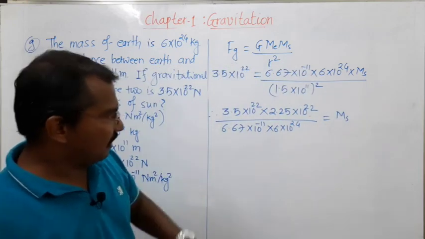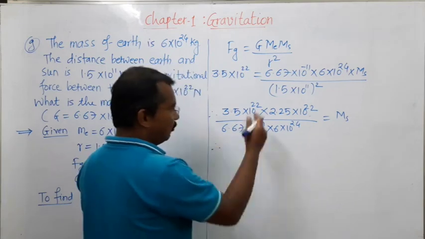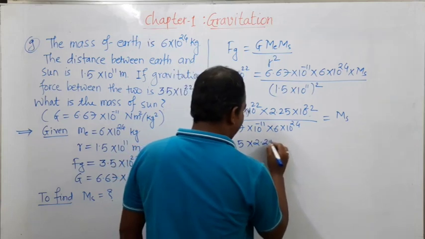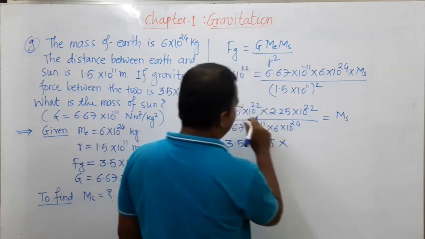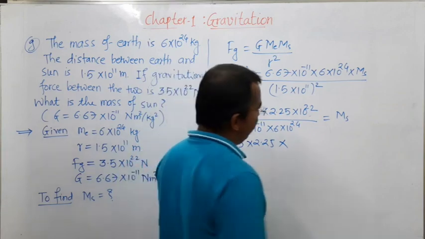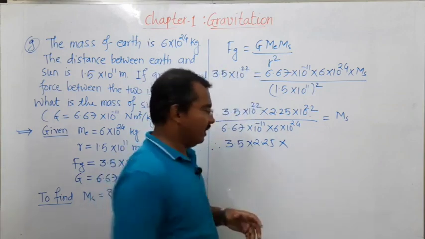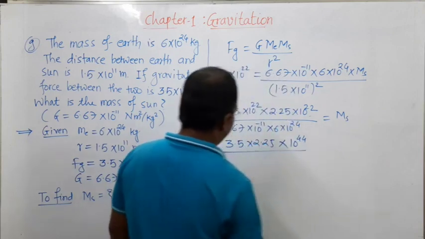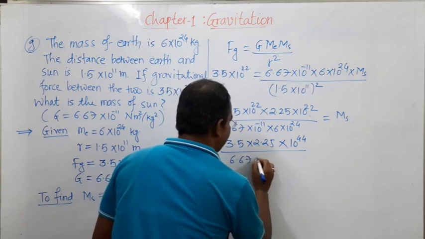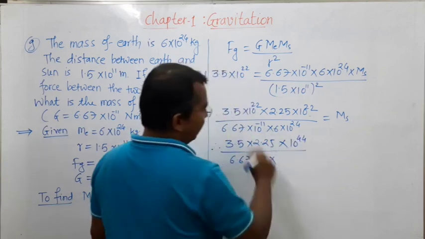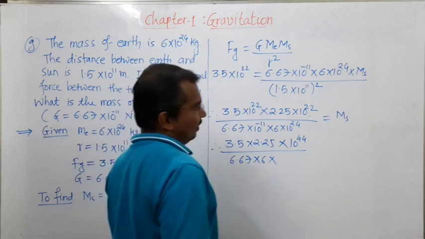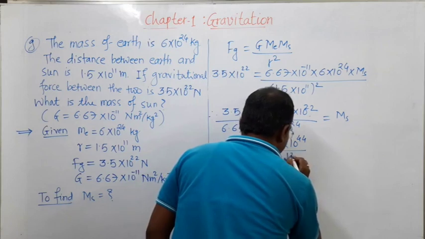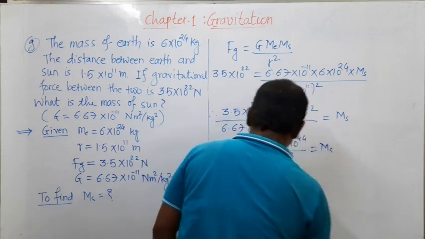Doing all the calculations, try to always make the things simple. 3.5 into 2.25 into 10 power 22 and 10 power 22, that is 10 power 44, divided by 6.67 into 6 into 24 minus 11, that will be 13. 10 power 13 is equal to mass of sun.